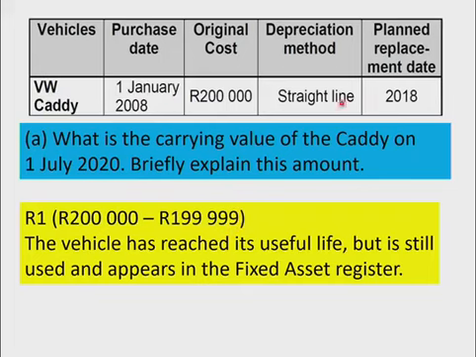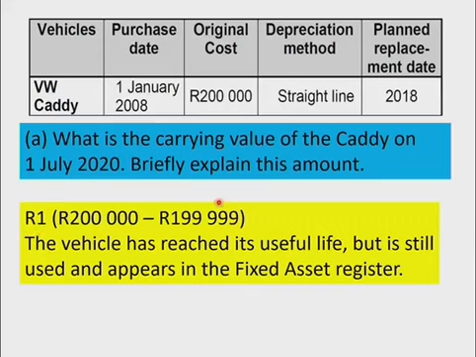Remember, we said that's going to last for 10 years. But now, because the vehicle has reached the end of its useful life, but we are still using it, we will have to record it in our books, and the value will be R1. The carrying value or the residual value will be R1.